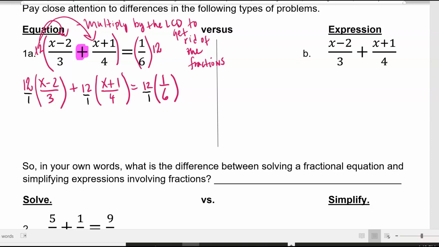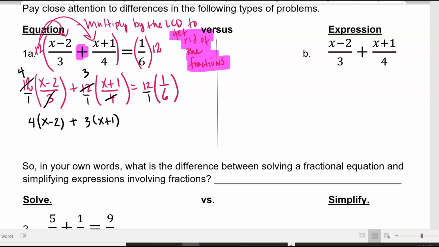So we divide 3 into 12 and we get 4. And of course, 3 divides into itself one time, but there's no need to write that. So what's remaining is 4 times (x minus 2) for that part. Then we move to the next. 4 goes into 12 3 times, so that's 3 times (x plus 1). See how we are getting rid of the fractions here.